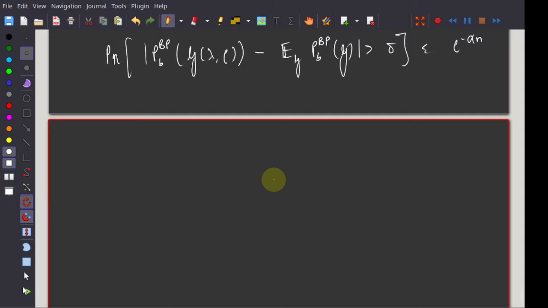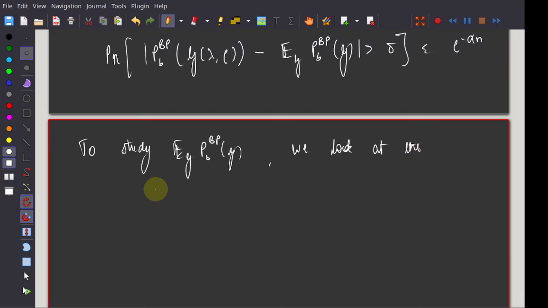So to study this quantity, the average error probability, we look at the so-called computation graph.